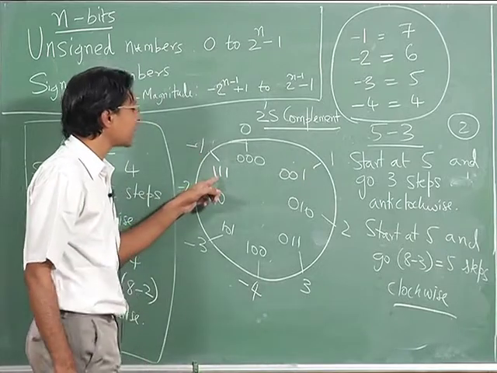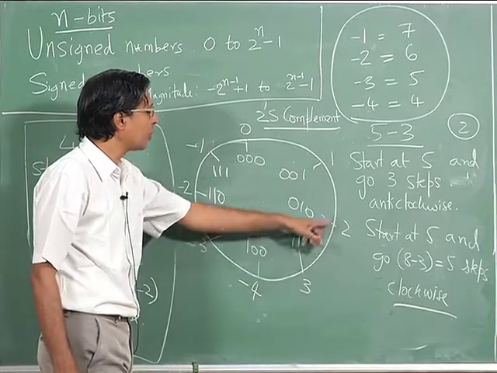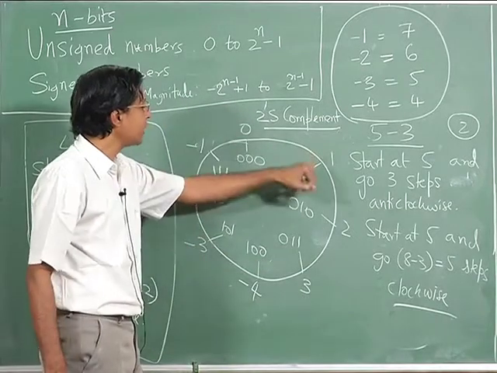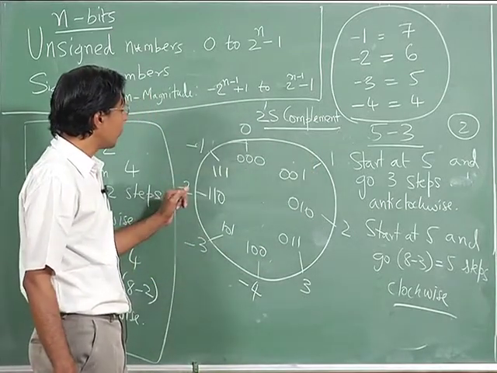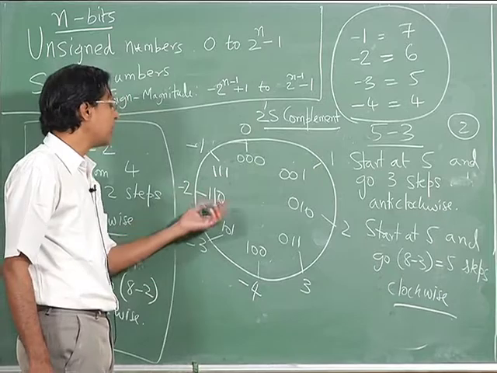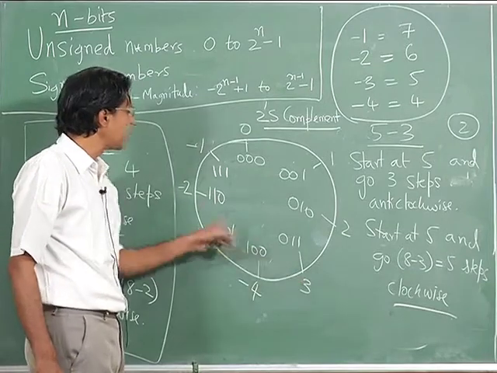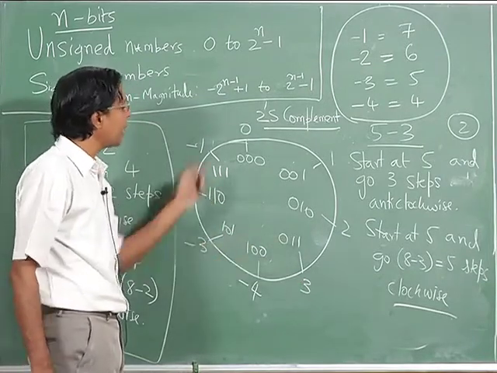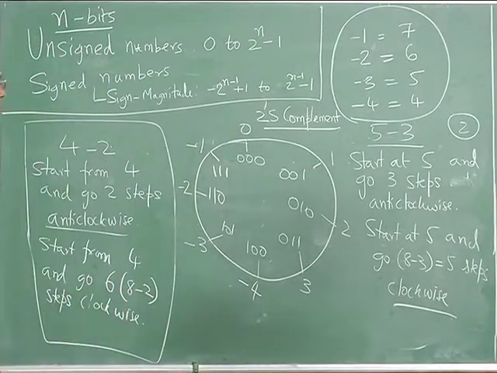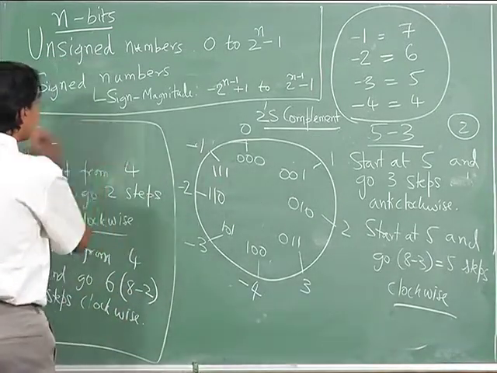I want to do 3 minus 2, so I can go from 3 and go 2 steps anti-clockwise, or I can go 6 steps clockwise to reach this 1, since minus 2 is already modeled as 6, right. So if I just add this 3 to this representation of minus 2, I get this 1, right.